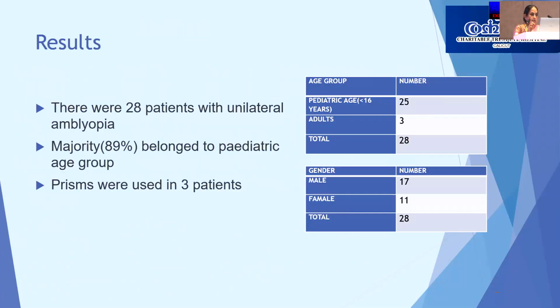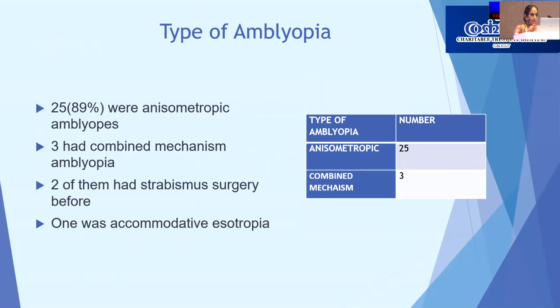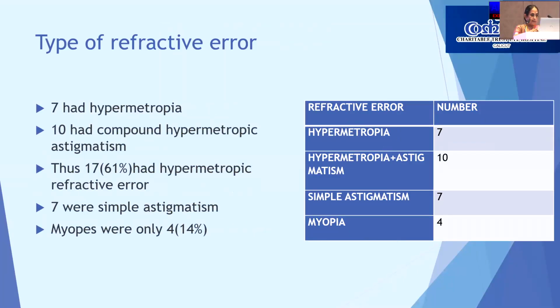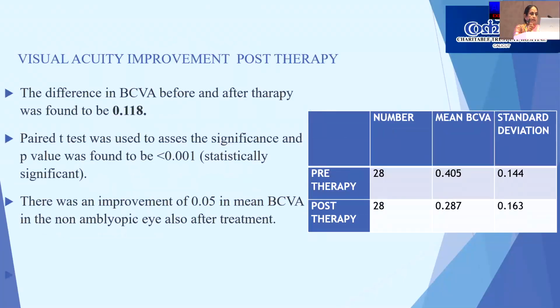Statistical analysis was done. There were 28 patients, the majority belonging to the pediatric age group, and the majority were anisometropic amblyopes, combined mechanism, and one was accommodative esotropia. Two had strabismus surgery. Hypermetropia were 7, and hypermetropia with astigmatism 10. Visual acuity improvement was seen after therapy, and with paired t-test, it was statistically significant.